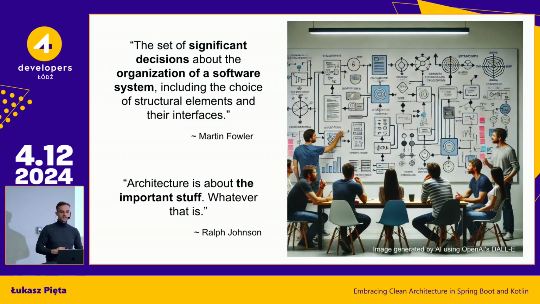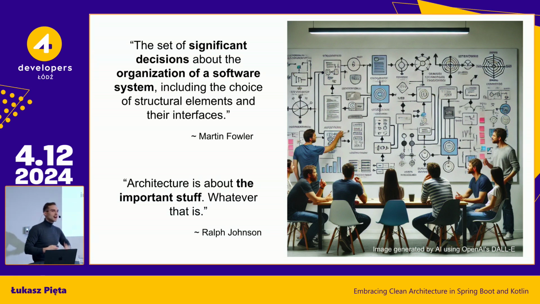I like these two definitions about software architecture. First one by Martin Fowler, because at the beginning we can have a plan how to build it. We can even divide it into teams, say, okay, these will be two very separated microservices.